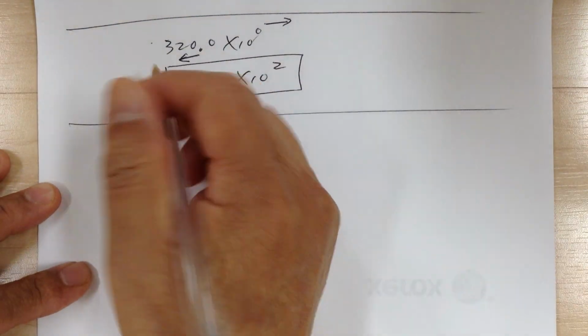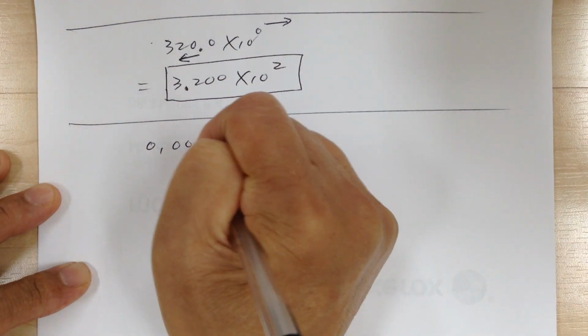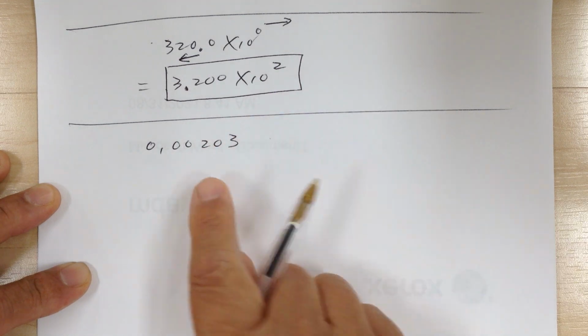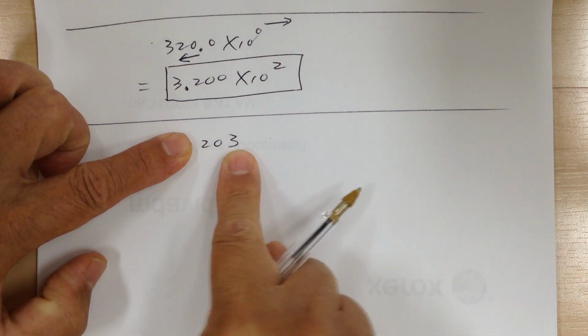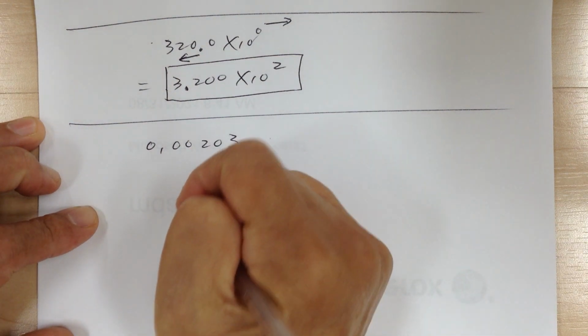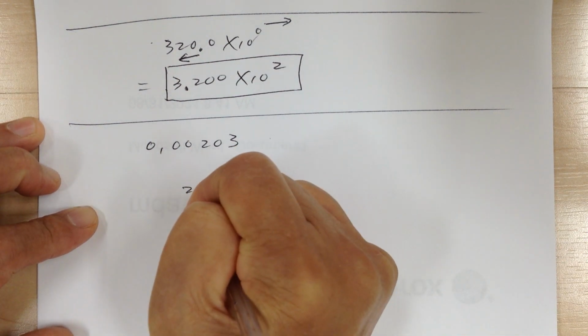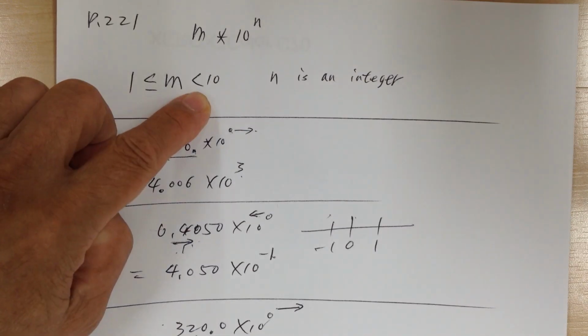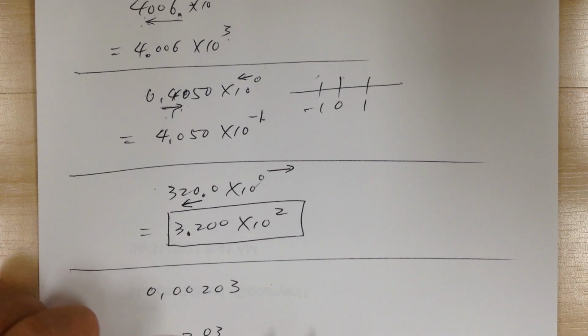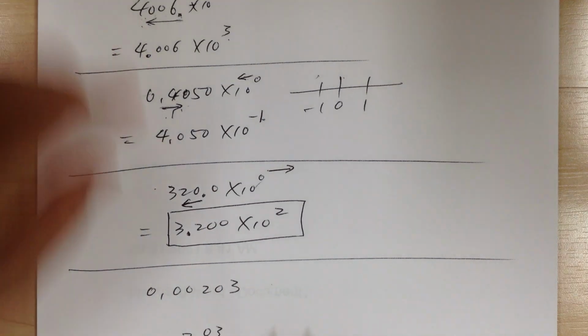Okay, the next one, you got 0.0020203. The 0s in front don't matter. This one has 3 significant digits, so you got 2.03. Again, notice the number is always between 1 and 10. You have 1 digit before the decimal, so you cannot start with 0.